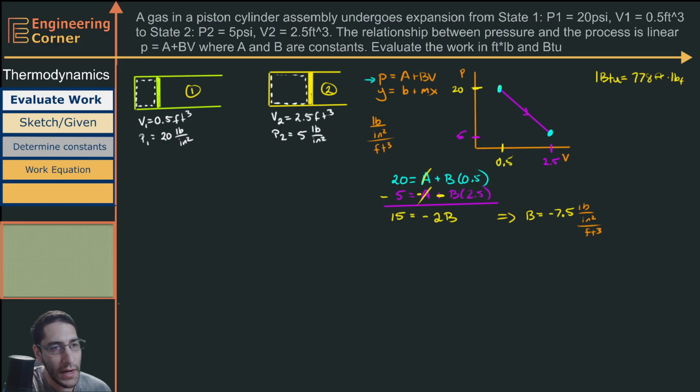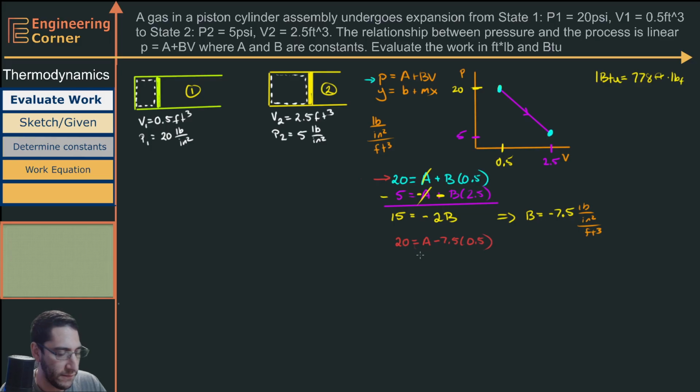Now that we have B, we can take either of these equations, plug B in, and solve for A. I'm going to take the first one: 20 is equal to A plus minus 7.5 times 0.5.